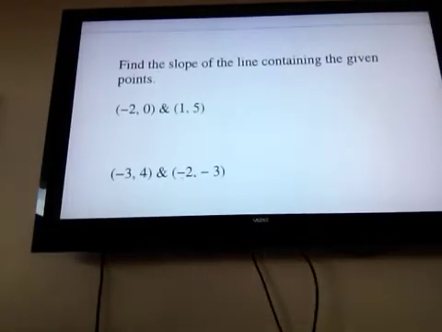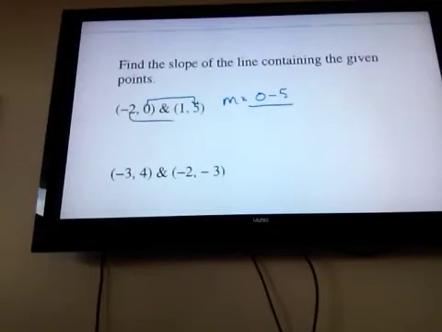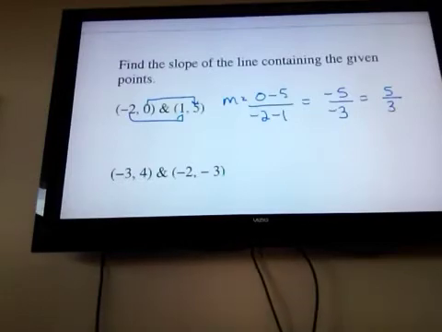So when I set up my formula, I have 0 minus 5 over, so y minus y, and then x minus x, negative 2 minus 1, and I get negative 5 over negative 3, simplify those negatives to positives, and I get positive 5/3. Leave it as an improper fraction. Do not change it to a mixed number. Do not change it to a decimal.